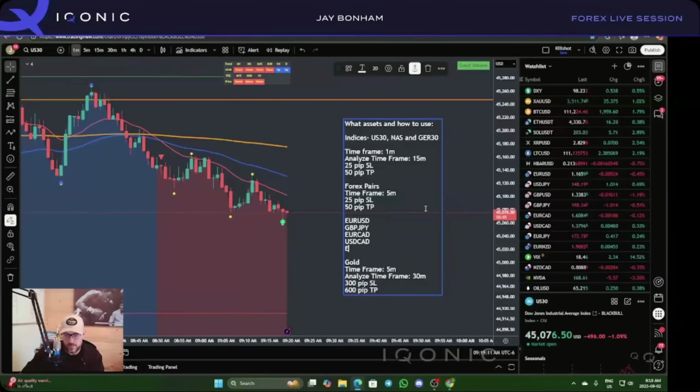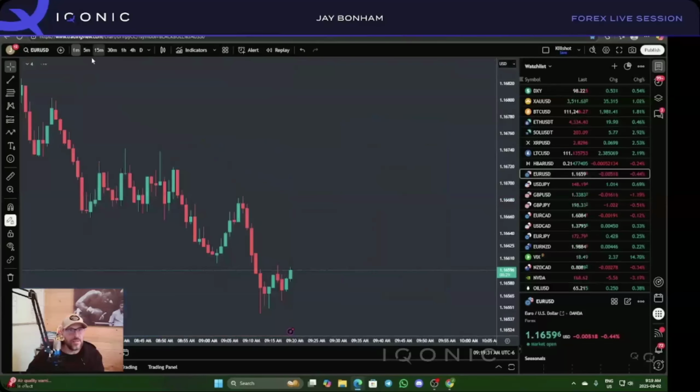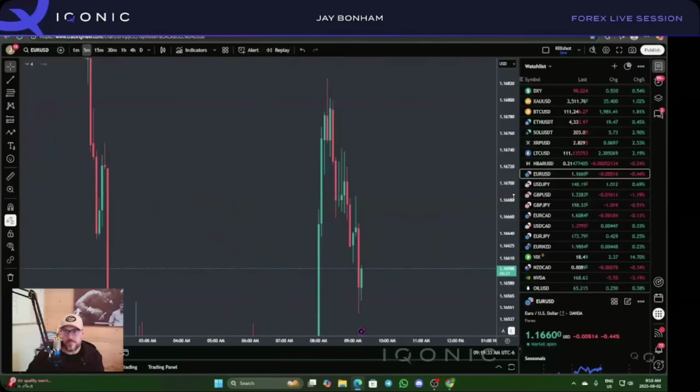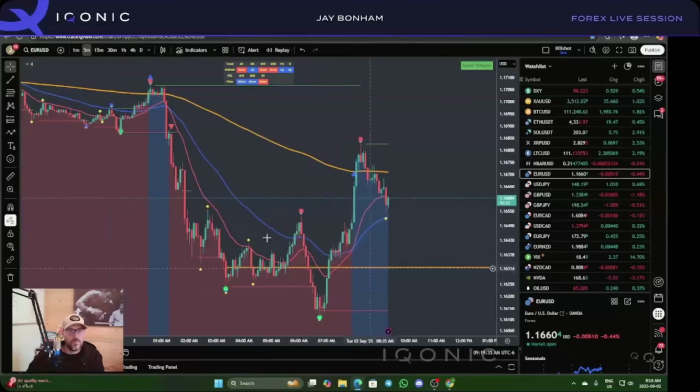Then Euro NZD, USD, USD JPY. These are the 6 pairs you want to focus on, as on the 5 minute they're going to have better movements at entries.